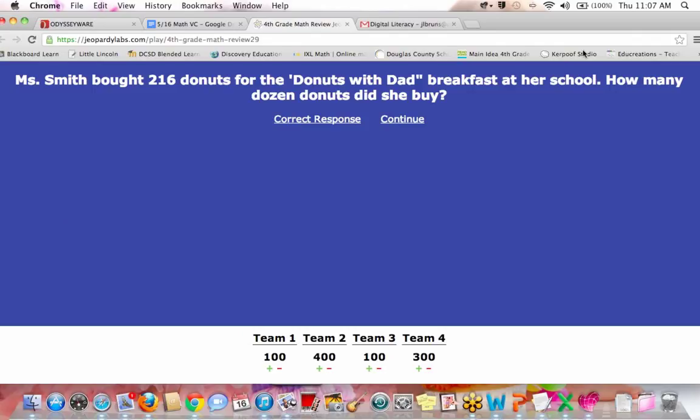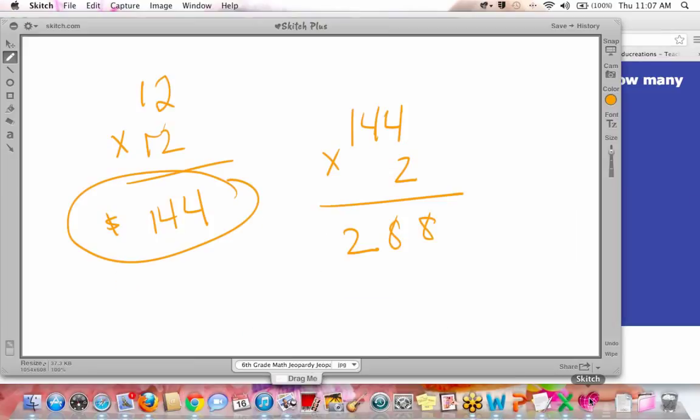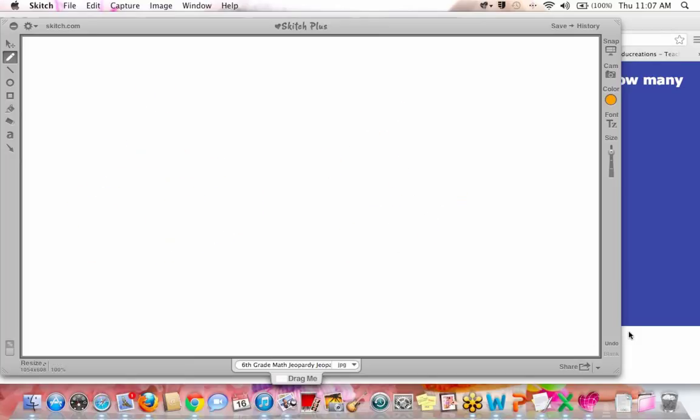Good, good. 216 underneath the house. 12 on the outside. Sorry, that's a really ugly one. So I'm just kind of going step by step for some of you who are still kind of thinking about it.